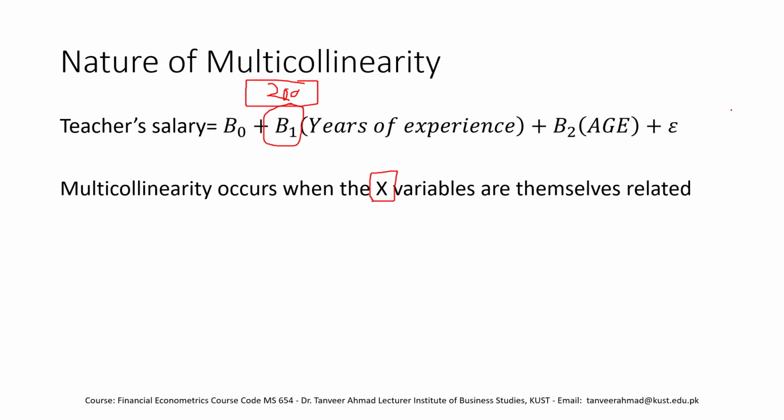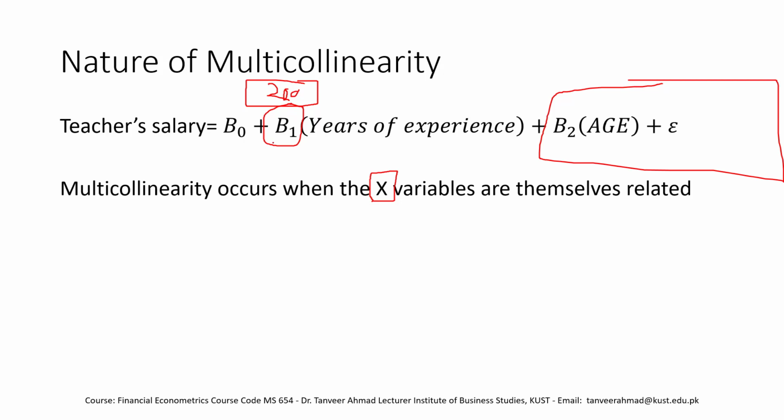That means we keep all the other independent variables constant, irrespective of how many independent variables there are in this model, and we interpret this beta.